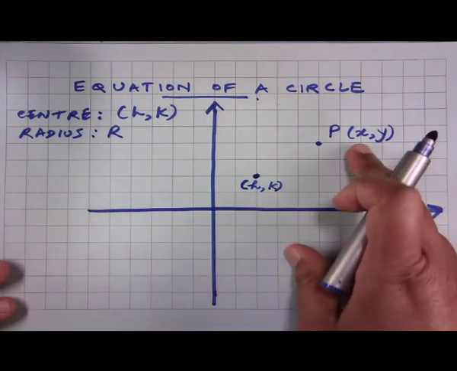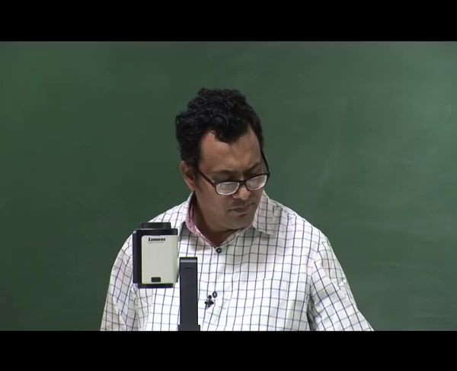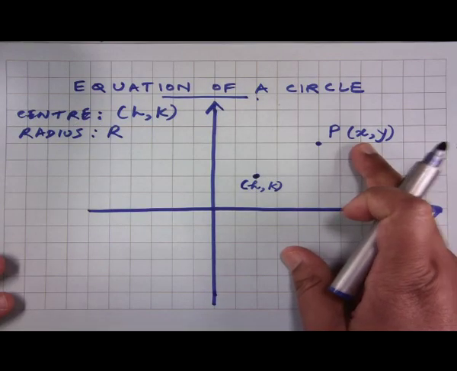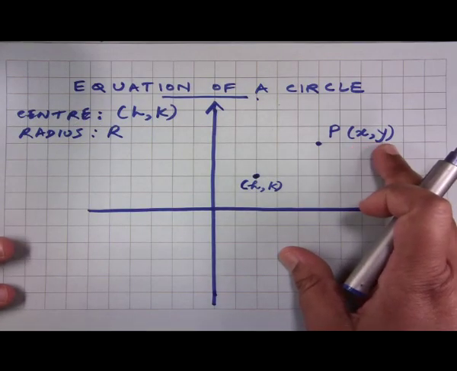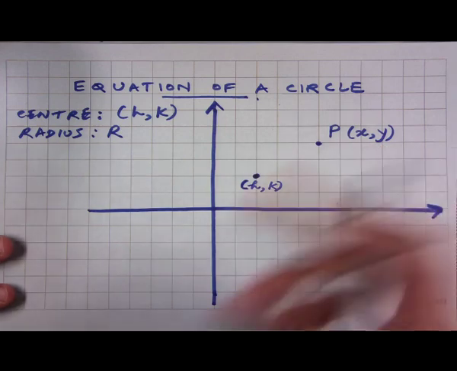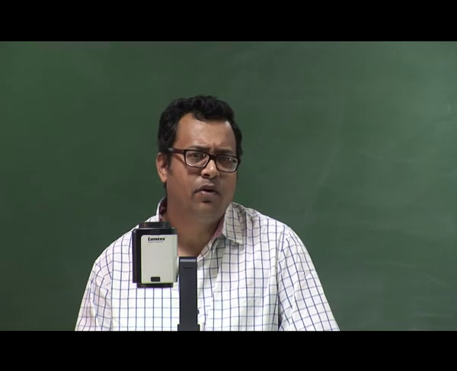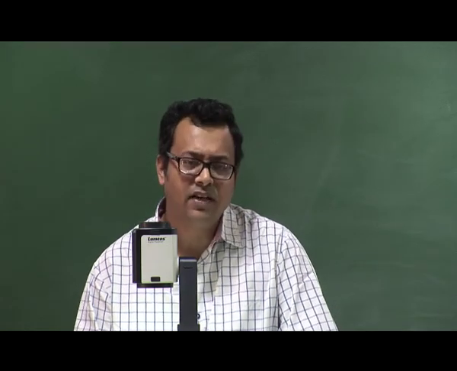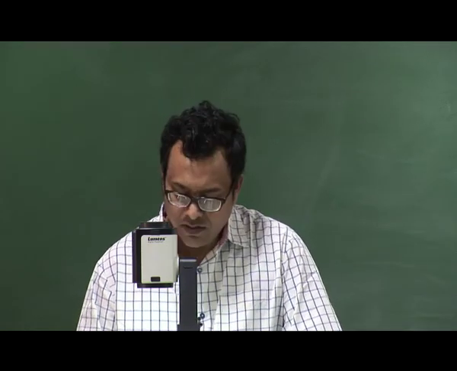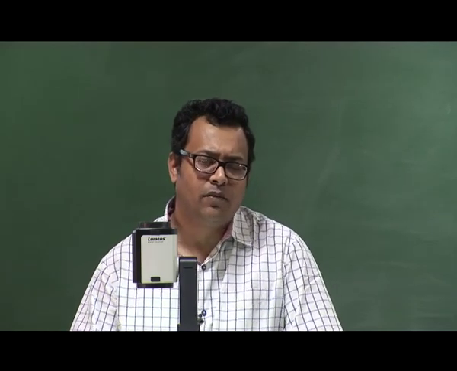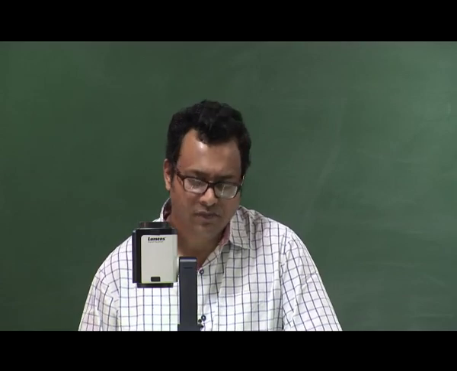Can we now form a rule which this x and y must satisfy, so that, just like in the case of the straight line, given any point, if we know its coordinates, we should be able to check and tell whether that point is going to lie on the circle or not.